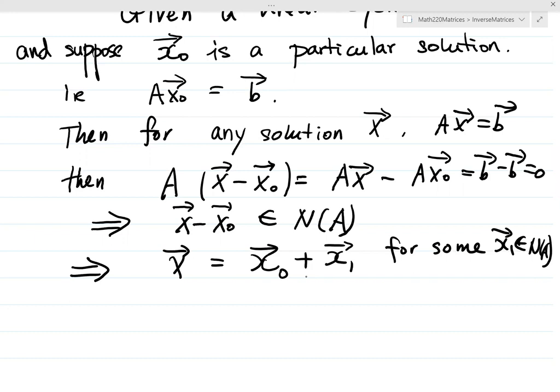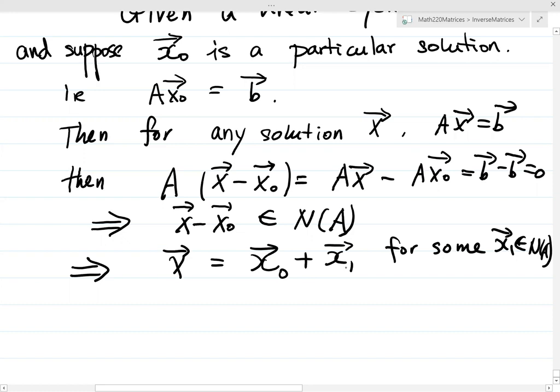Here we assume a solution x0, but we don't actually know whether x0 exists. So we assume it exists, and then we find the general solution is the particular solution x0 plus any vector in the null space.